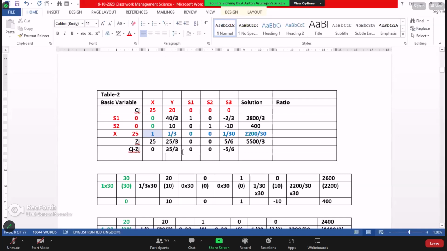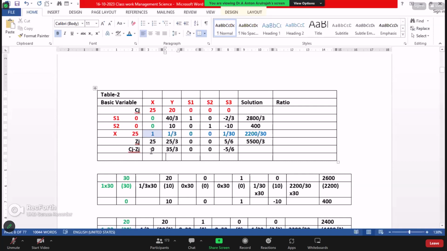So how have we decided? In the last example, the second table, we got the solutions. Yes, there is a positive value in Cj minus Zj. Therefore, that indicates there are chances to further improve our strategy.